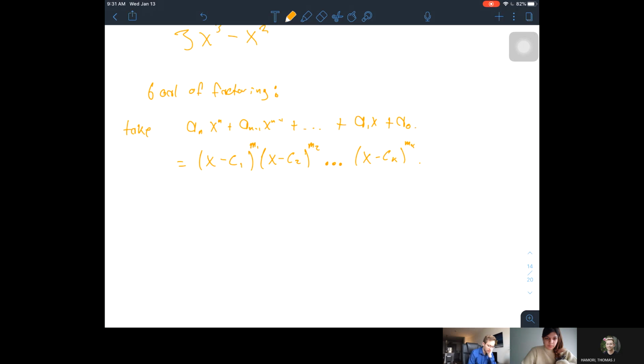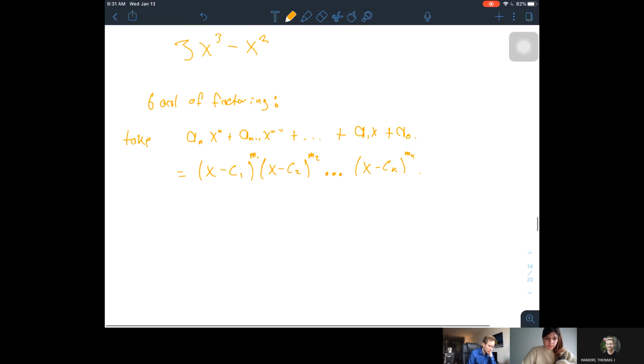What I'm really trying to explain is we want to take an expression with lots of different powers of x, and write it as a product of lots of different factors. Let me rewrite this in a better way.